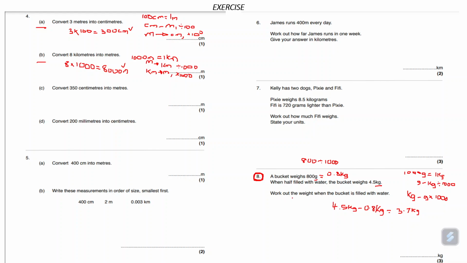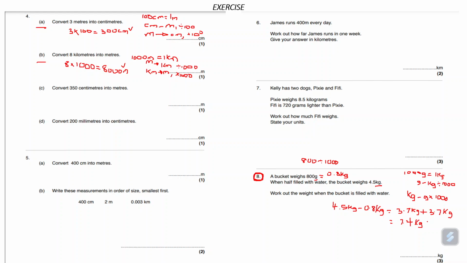Now, the final question says, work out the weight when the bucket is filled with water. You remember when it was half filled the water is 3.7 kilogram. So when it's filled with water, you add this again. 3.7 kilogram plus 3.7 kilogram will give us 7.4 kilogram.